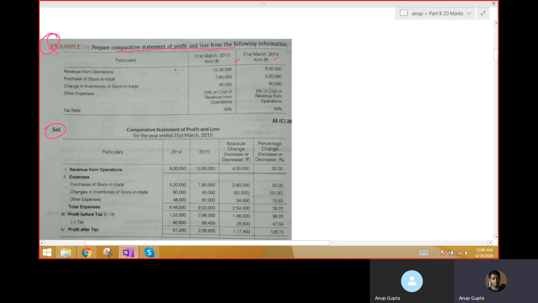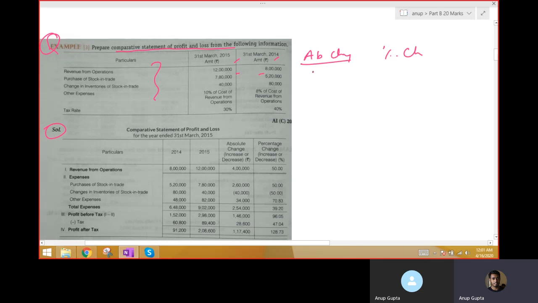Here you see the data is not given in a particular format. It's just given in a table. So the first job is to put this table in the particular format of the statement of profit and loss, and put the respective amounts. After that, we will add two more columns, for absolute change and percentage change.